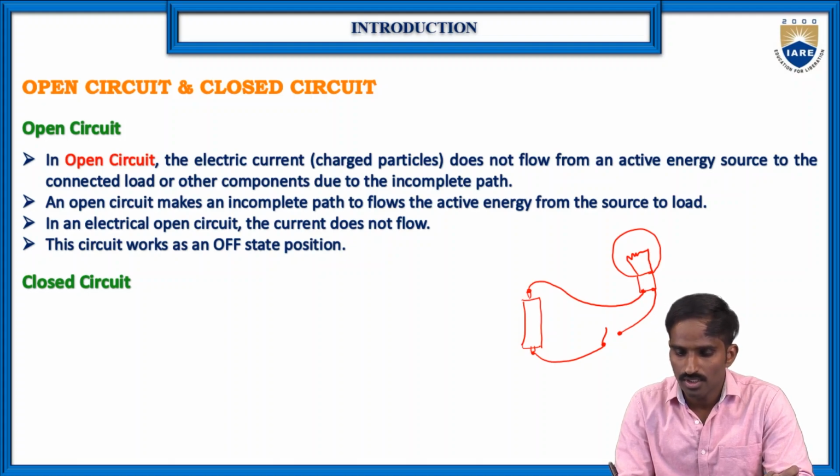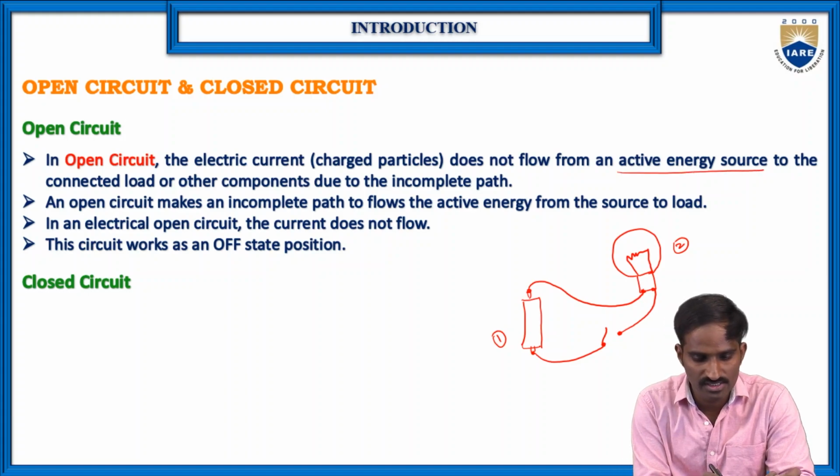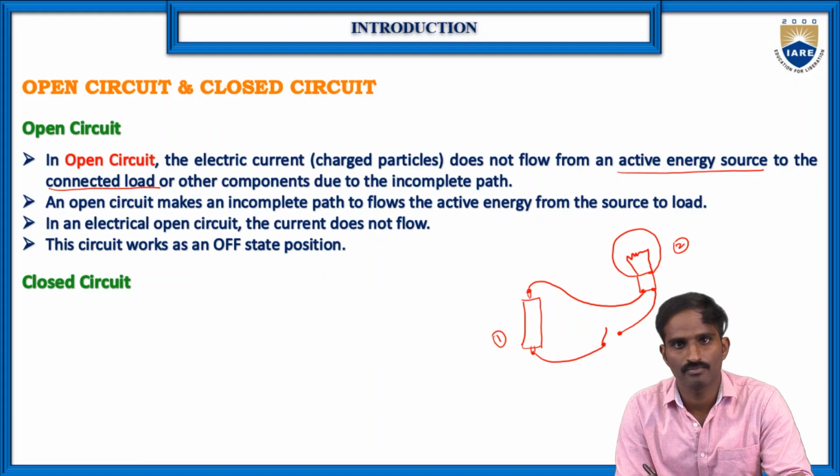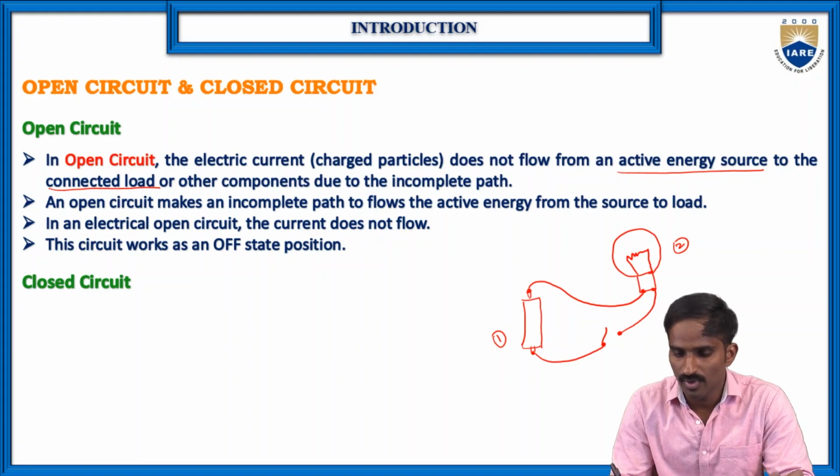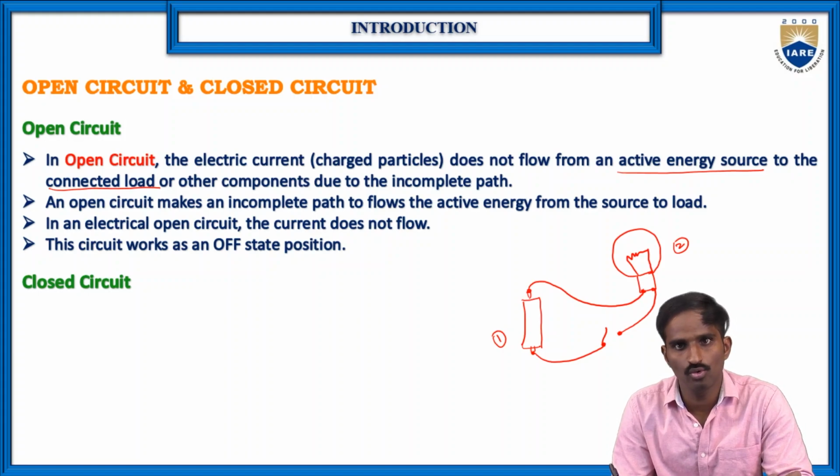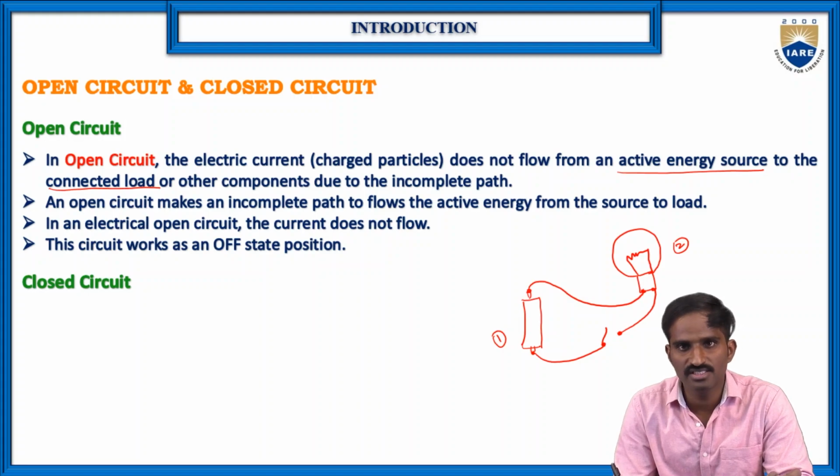So here there are two components, one is the battery and the other is the bulb. In these two components, we should know what is the active energy source and what is the connected load. Here, the bulb needs energy to glow. What kind of energy does the bulb need? That is electrical energy.